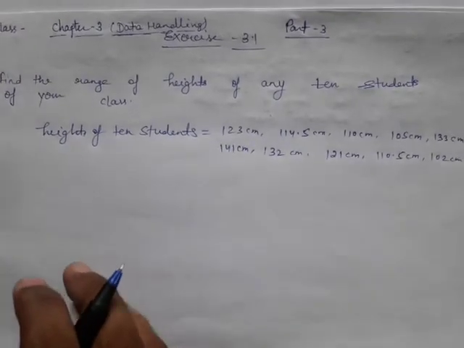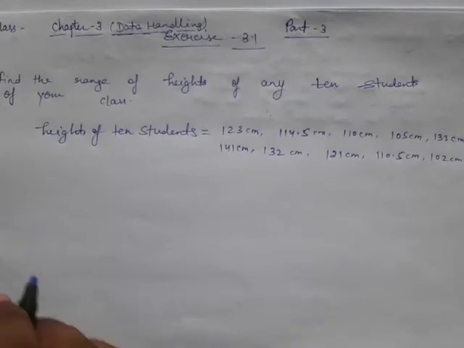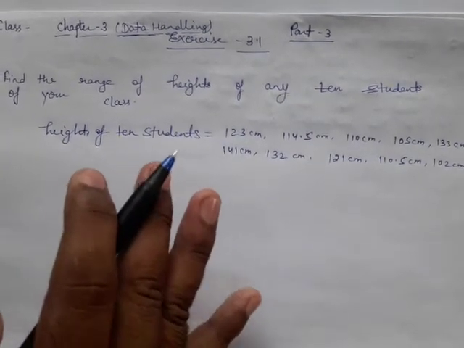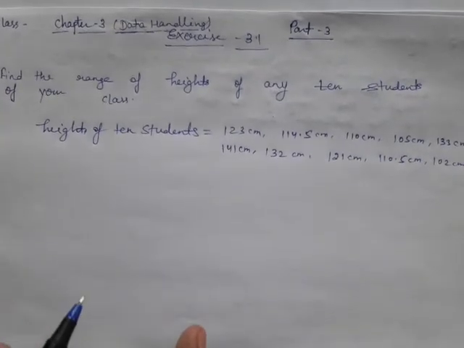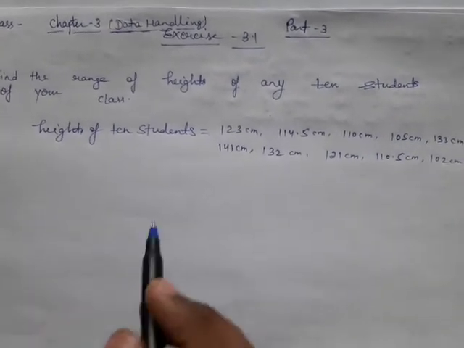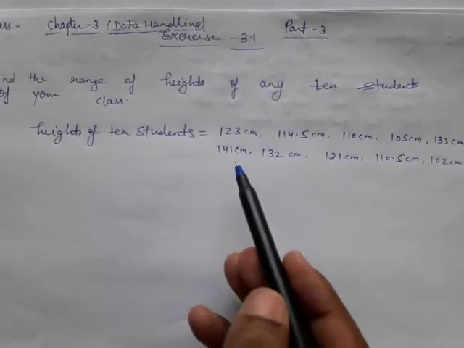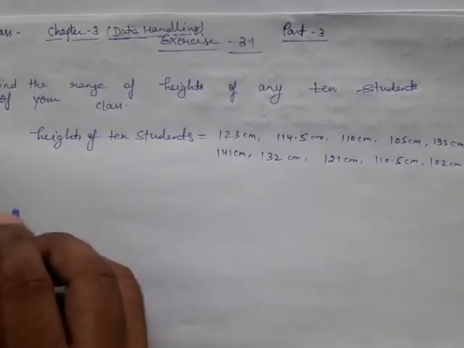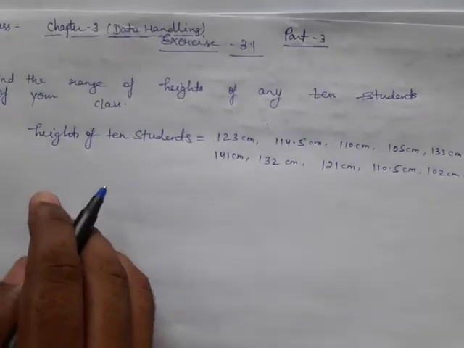The range, I told you, is the difference. Range is the difference between the highest and the lowest value of the observation. First of all you will see all the values and arrange them in ascending order.